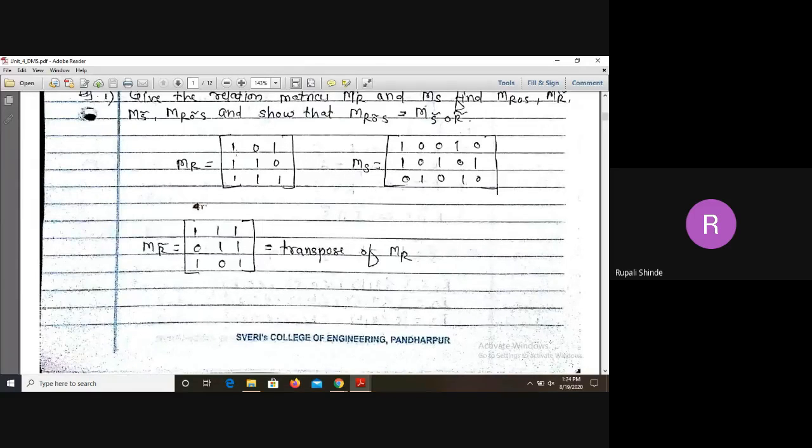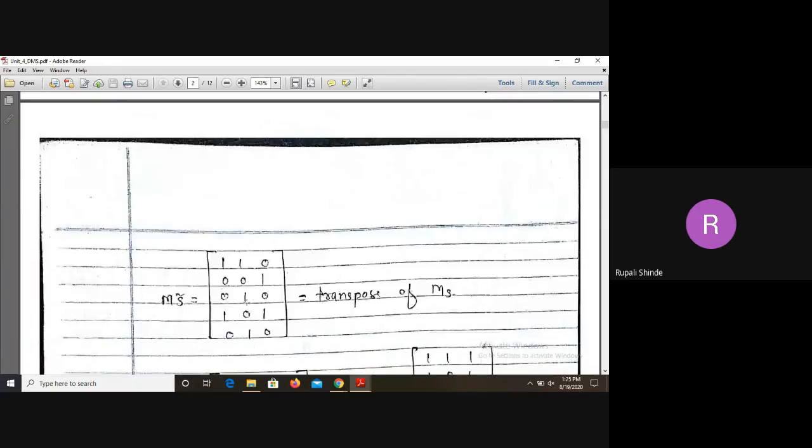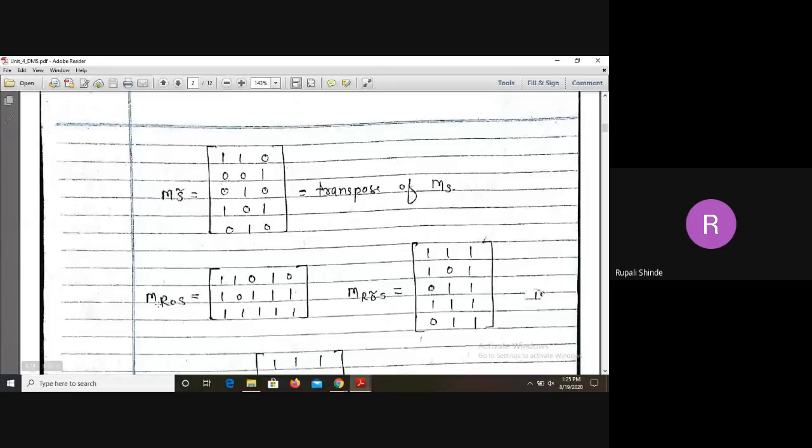That's why consider first row of R and first column of relation S. First row of R is 1 0 1 and first column is 1 1 0. So what is the final value? 1 into 1, that is 1. So first value for this R composition S is 1 here.